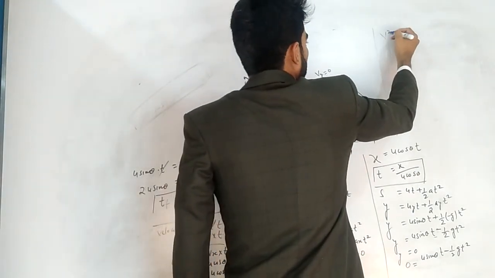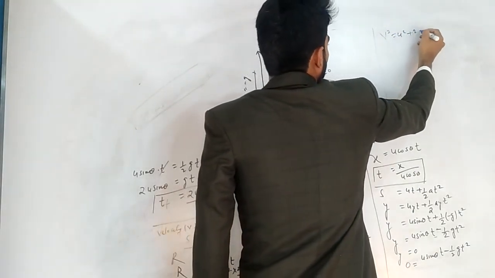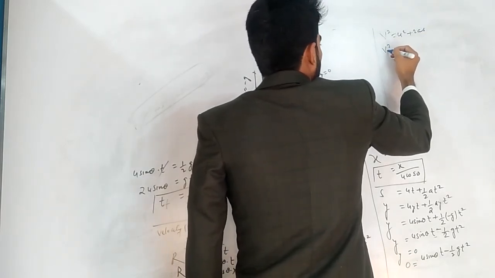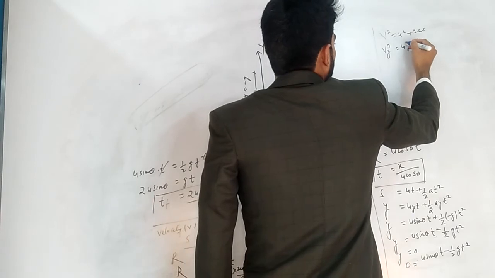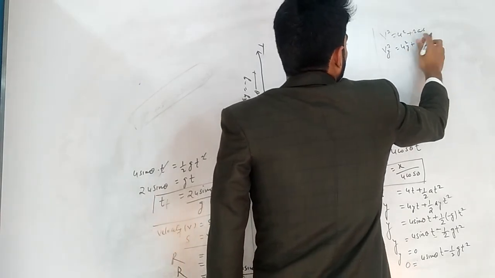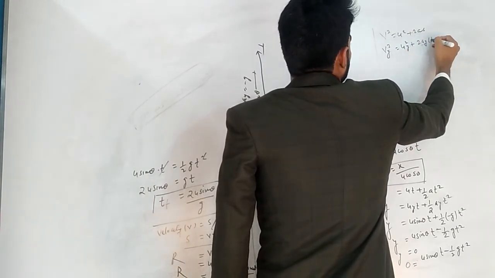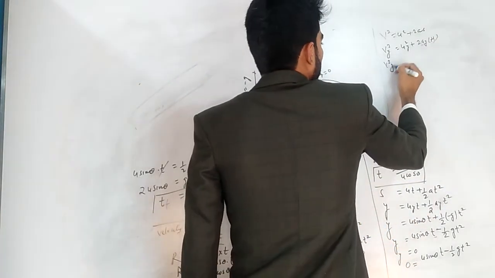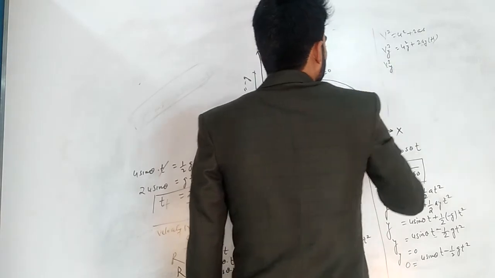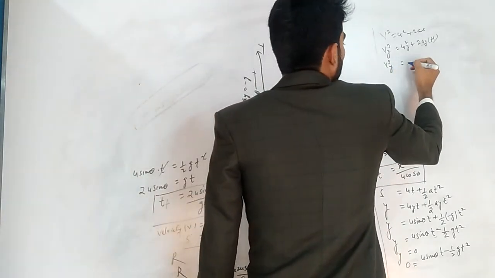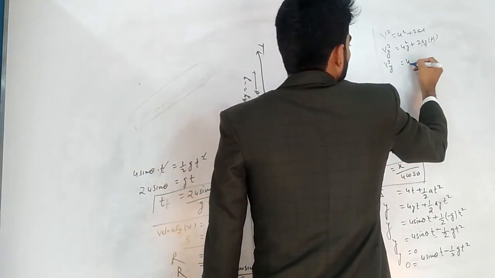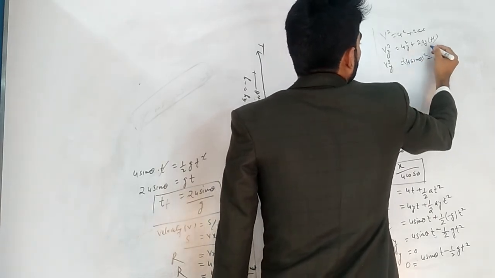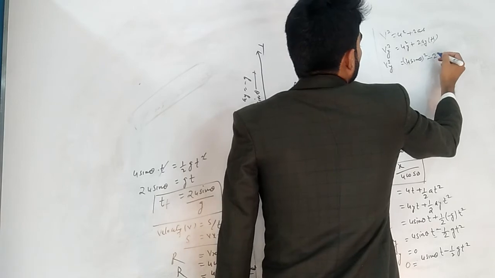So we know that v square is equal to u square plus 2as. So this is vy square is equal to uy square plus 2ay into h. So we can find out vy square, the velocity in the vertical position, and u square, that is u sin theta whole square minus 2gh.